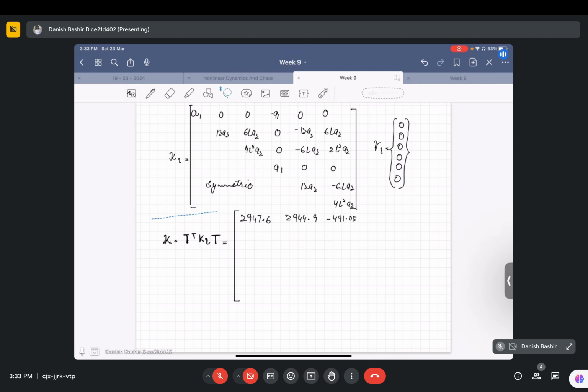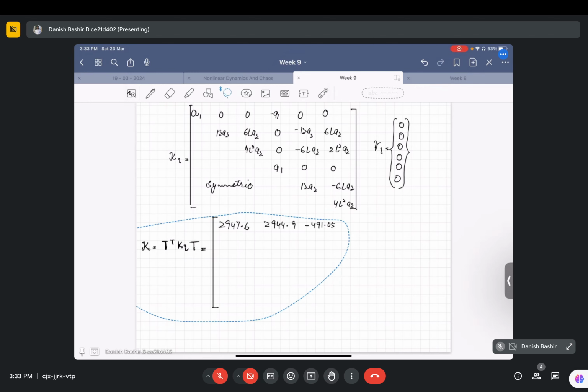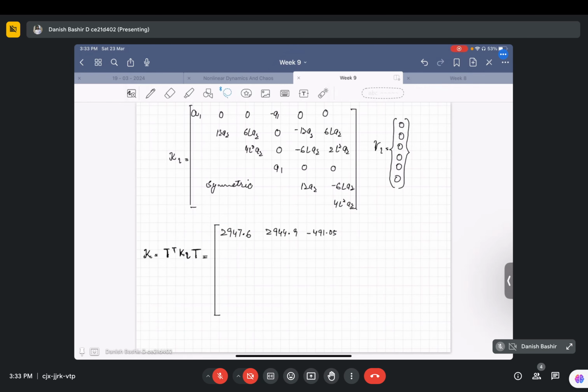I will take it a little bit here, otherwise I will not accommodate all the values.